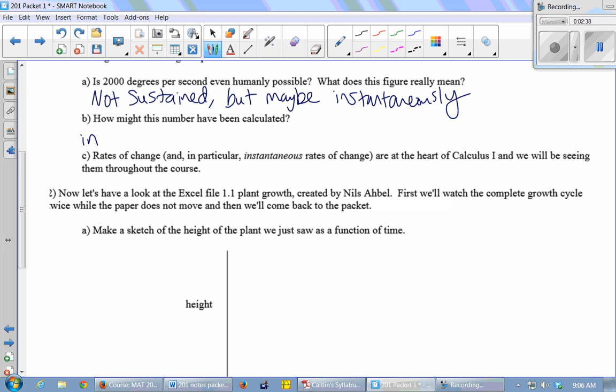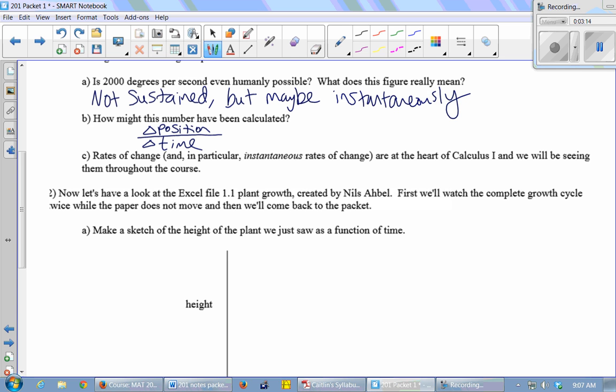It started here and finished here, in some small fraction of a second. So they looked at the change in position of his foot divided by the change in time, for some small change in time. Rates of change, and in particular instantaneous rates of change, are the heart of Calculus 1, and we'll be seeing them throughout the semester.